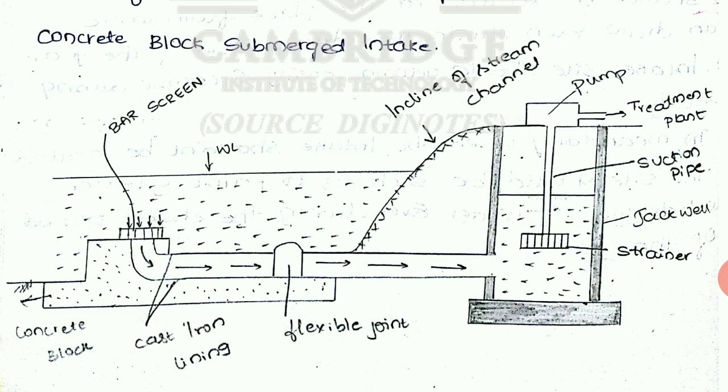In the monsoon season, the river will be flowing, and water will be flowing in the river channel. At the time of flowing, the intake of water will be more in the well, and we can draw sufficient water for public supply.